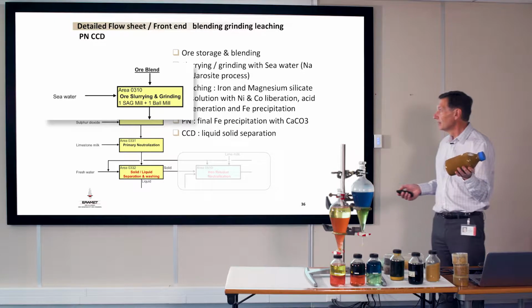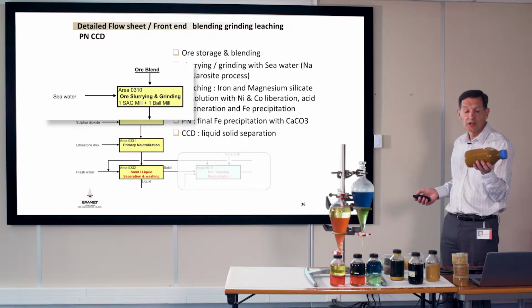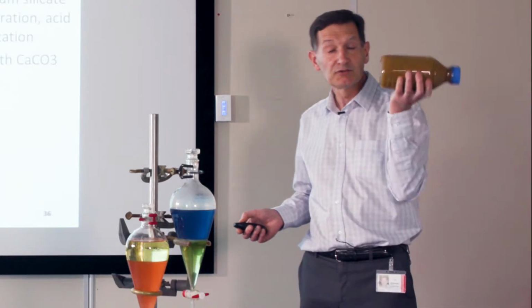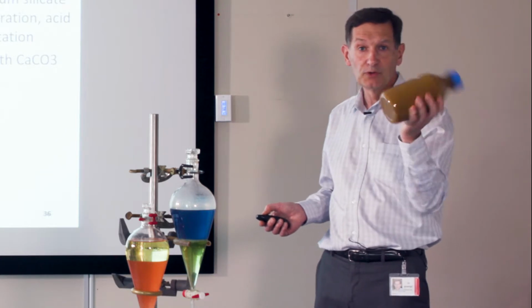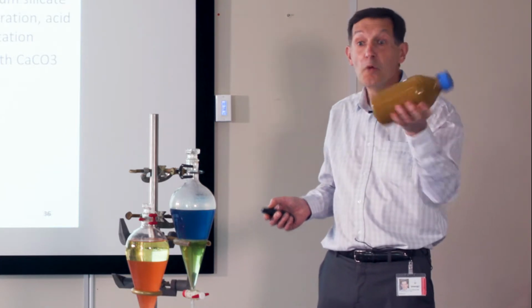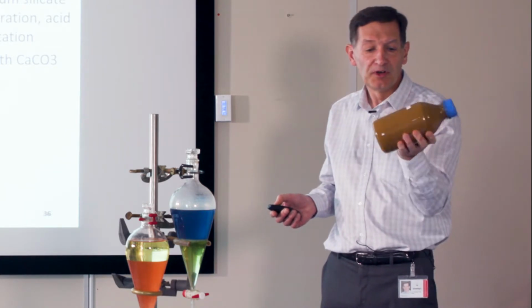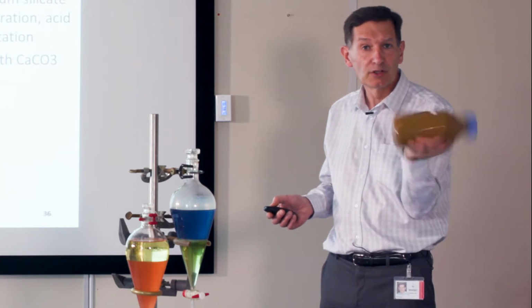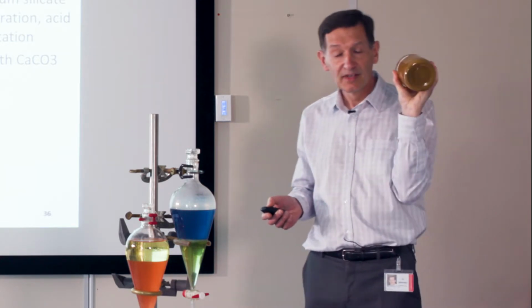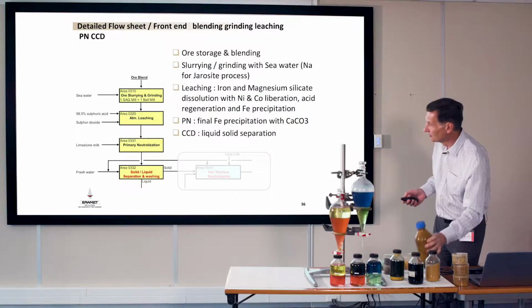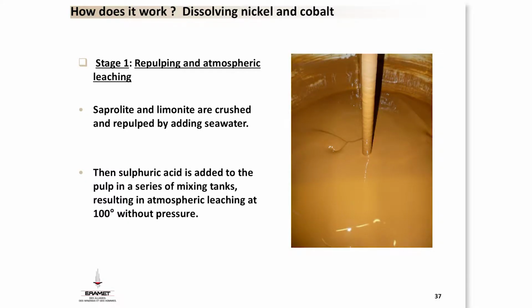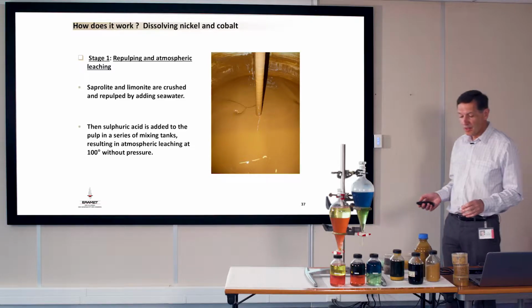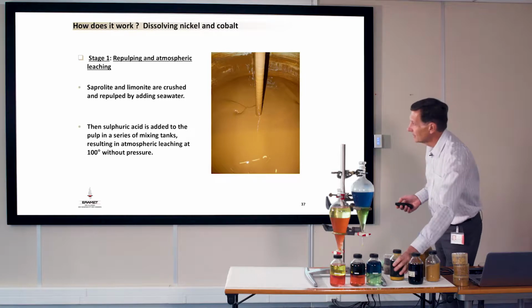grinding is done under seawater, and what you obtain after grinding is a pulp. We call that a pulp, a mud of a mixture of seawater and ore. And that's the input of the hydro process. The first part of the hydro process will be dissolution of the ore. You add sulfuric acid.